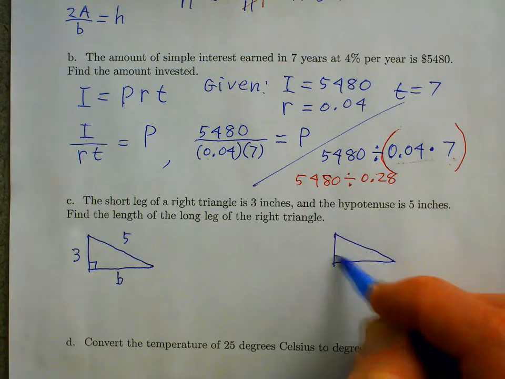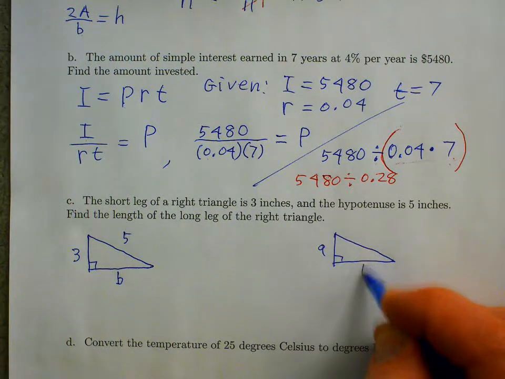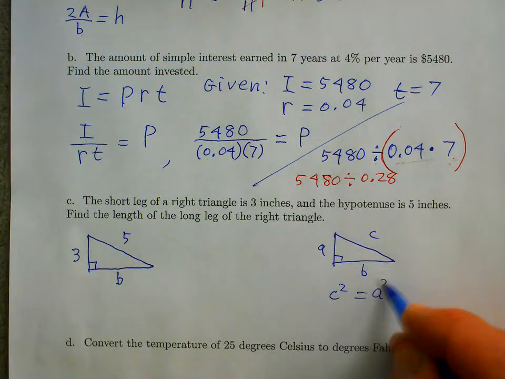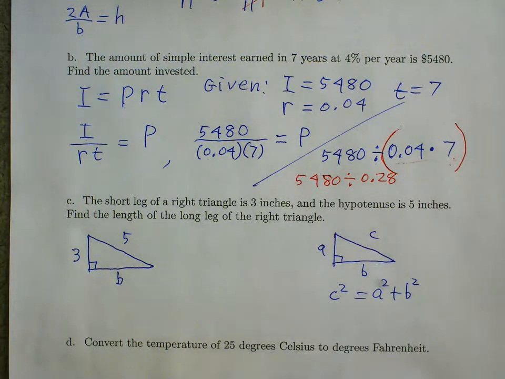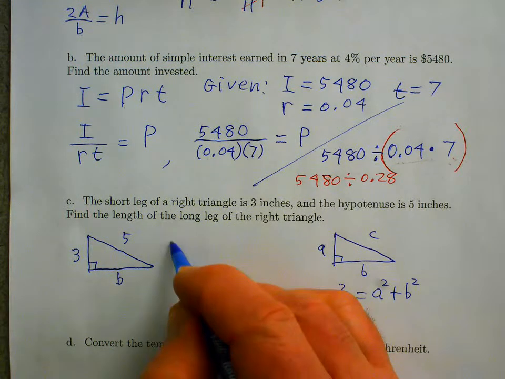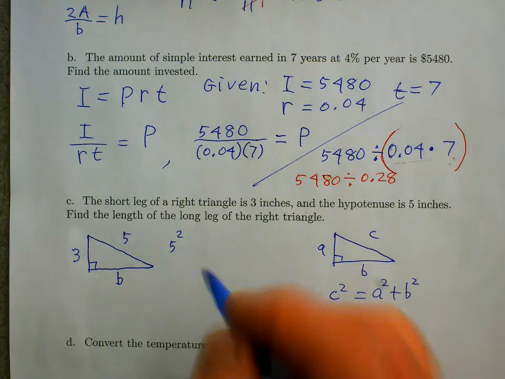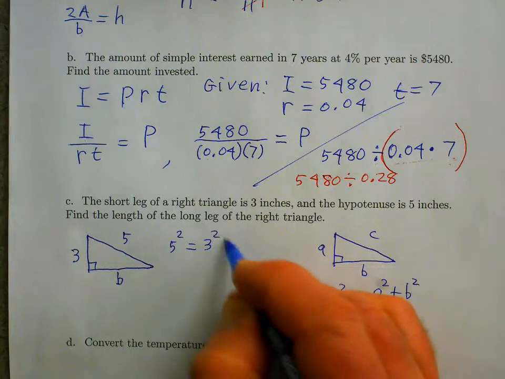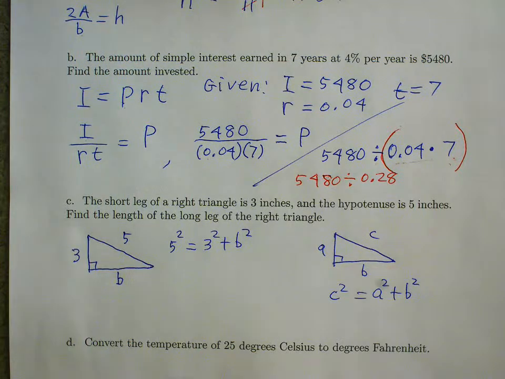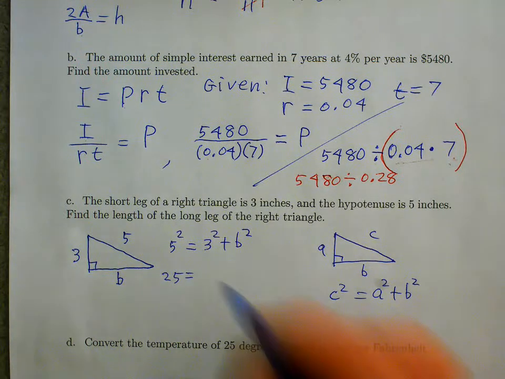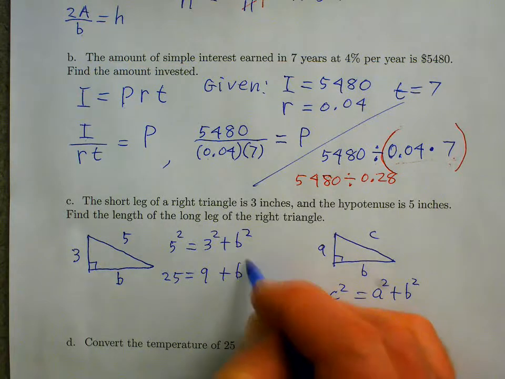So I'll rewrite the Pythagorean theorem. If we square the length of the hypotenuse, that's equal to the sum of the squares of the lengths of the 2 legs. So we square the length of the hypotenuse, 5 squared, that's equal to 3 squared plus b squared. And then we do the arithmetic. 5 squared is 25. 3 squared is 9, 9 plus b squared.